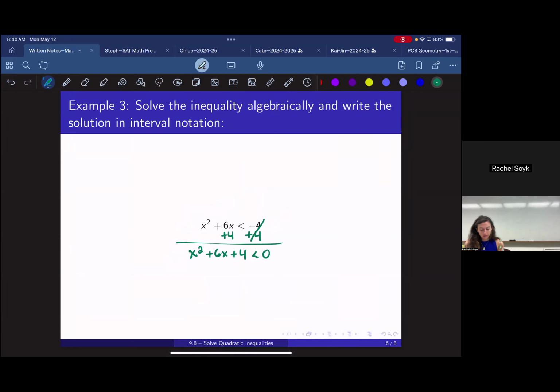And can we? Well, it doesn't factor quite nicely. So we need to use our quadratic formula in order to find our zeros.